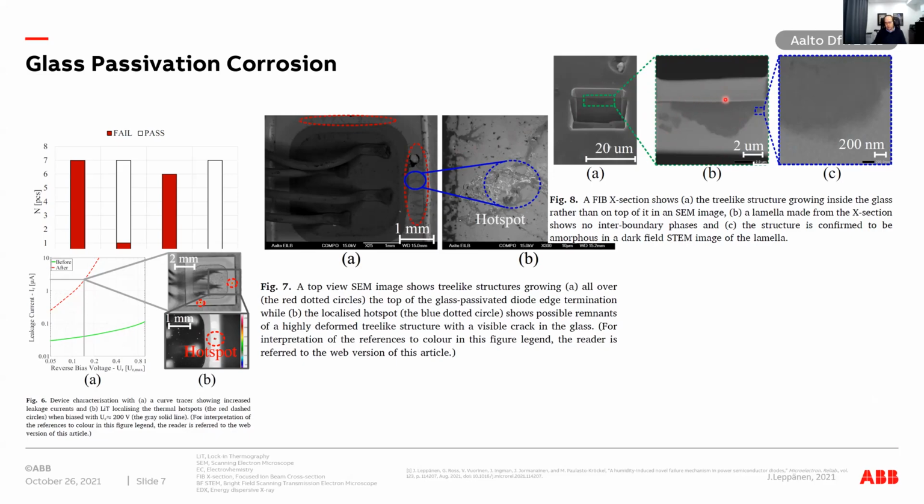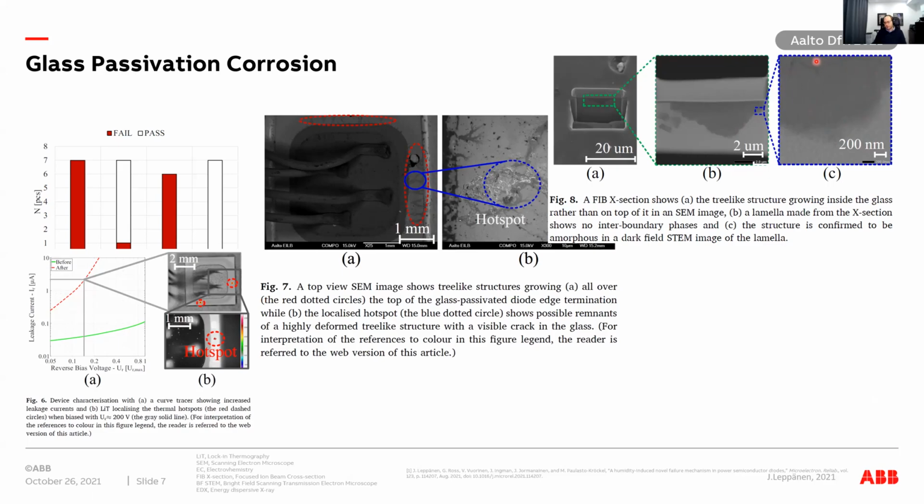This is the glass surface, and this part on top of it is a supporting structure that was made when we made the lamella sample. So it's not part of the original structure, so the surface is here. And we can see that it's growing inside there. And the other thing is that it doesn't have any crystallinity. So it's amorphous, similarly to the glass.